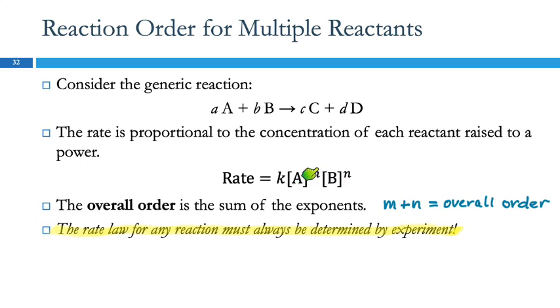These reaction orders, these exponents, are not directly related to any of those coefficients, and so we cannot look at the reaction and say what they are. I just want to emphasize that because there's a part later in this chapter where we're all very tempted to do that, so we're not going to do it.